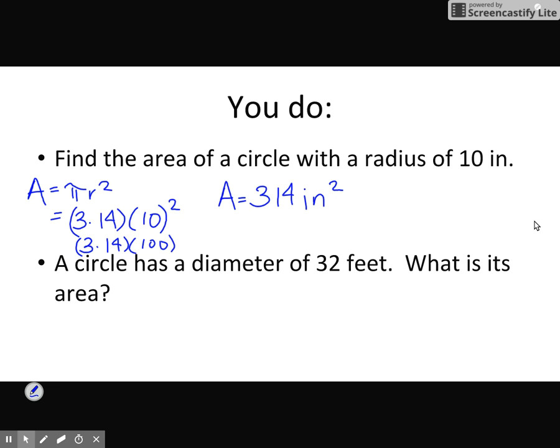Next problem. A circle has a diameter of 32 feet. What is its area? Well, remember, it is saying the diameter. So first you have to take half of that diameter. So when you do that, area equals pi r squared again. Half of 32 is 16, so your radius is 16 feet.